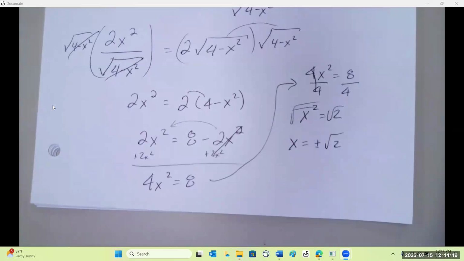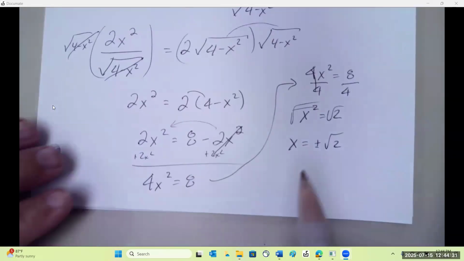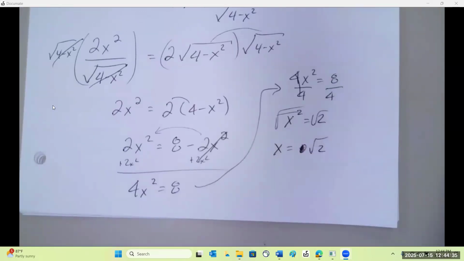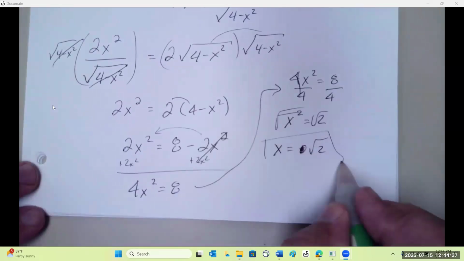Can we use both of them? This tells me where my extrema are. Right, because the domain is 0 to 2, we can only use the positive value. So we can only use that one.